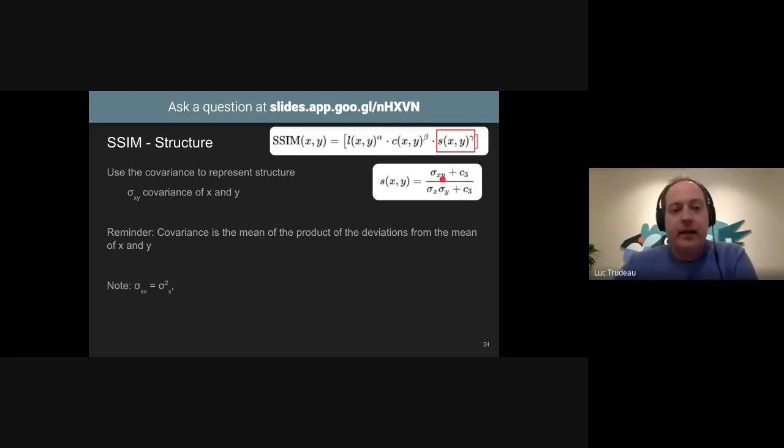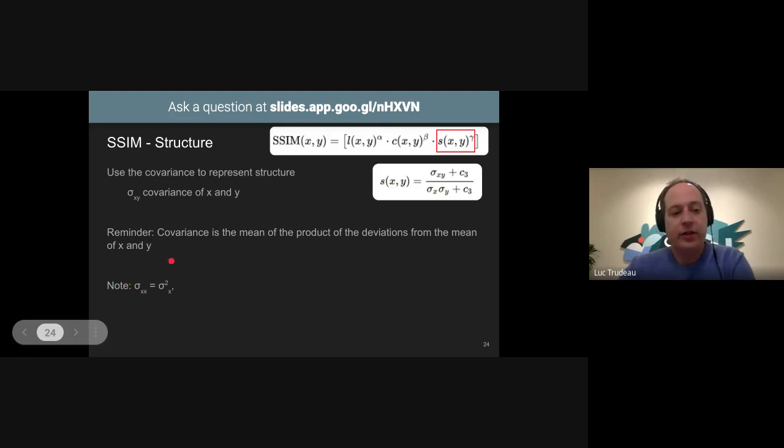And then we have the covariance of x and y over the standard deviation of x and the standard deviation of y, and this works exactly the same way I explained before. If they're the same, we'll get 1, and if they are different, then we're going to go towards 0. So that's how that works.